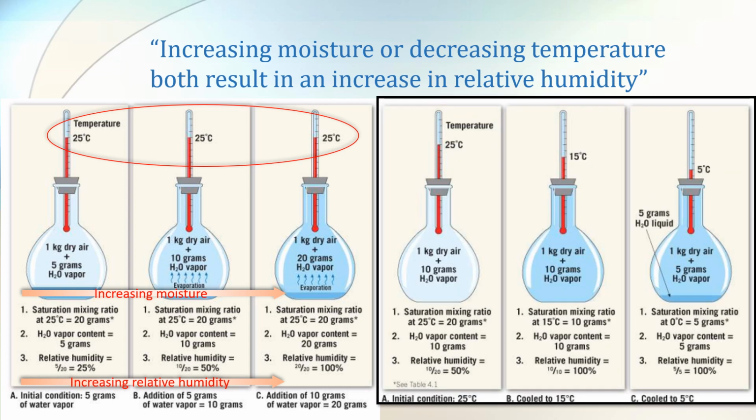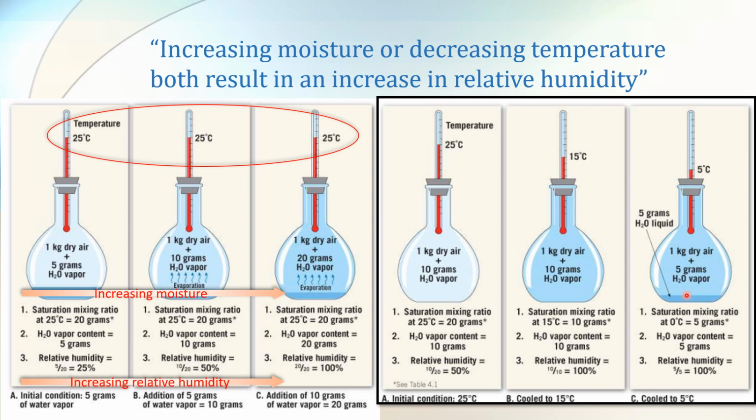And in another picture here, on the right side, you can see that there is a decreasing temperature. The temperature here is now decreasing from 25 degrees, 15 degrees, to 5 degrees Celsius.